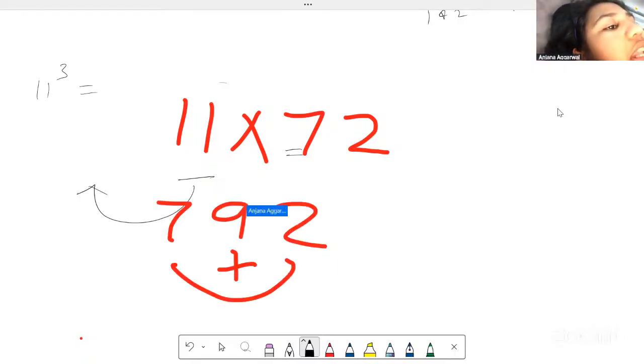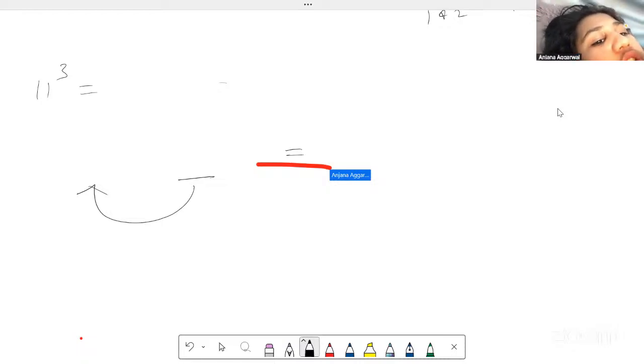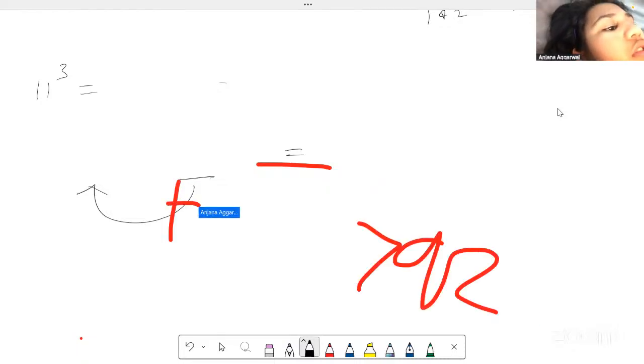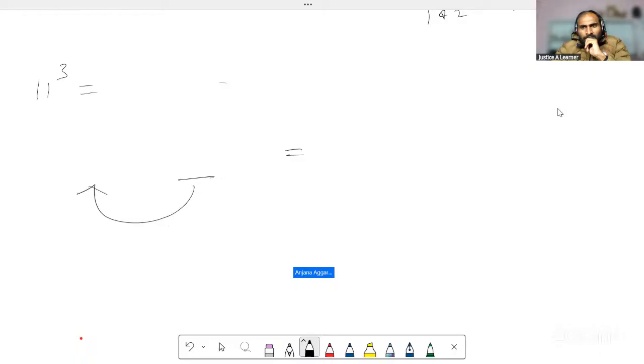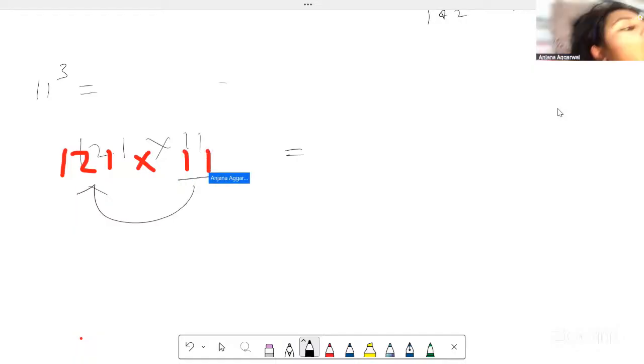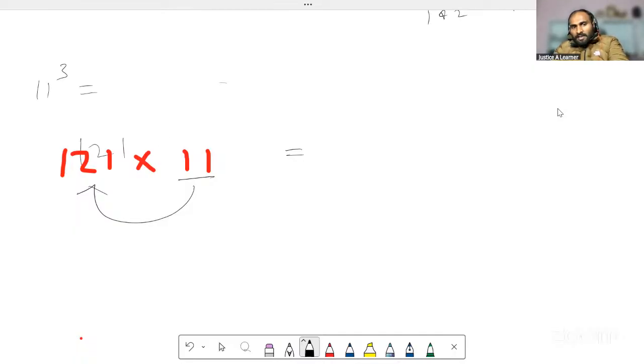So for that 72 it would be 792, but I only know that for 2 digit. I can only do 2 digit times 11. But I was telling you something different, which I told you earlier. It was not that method.